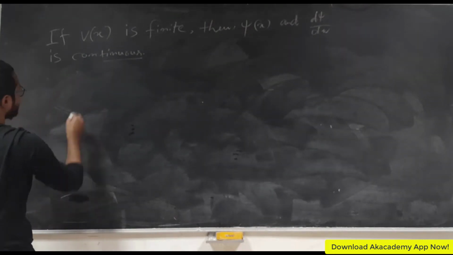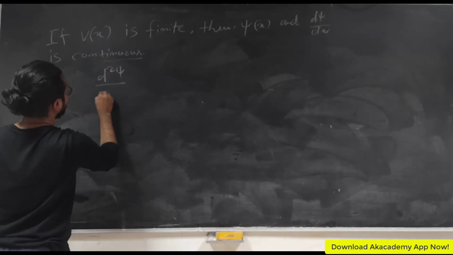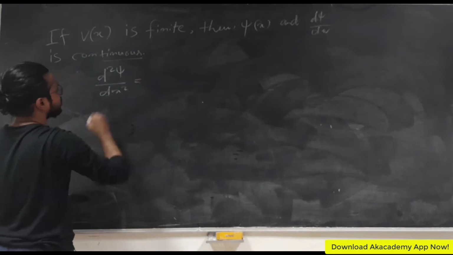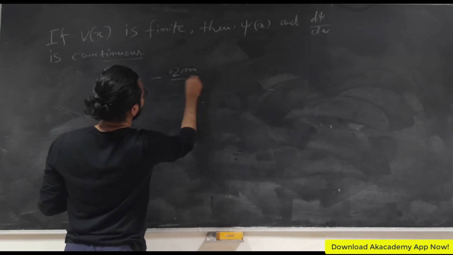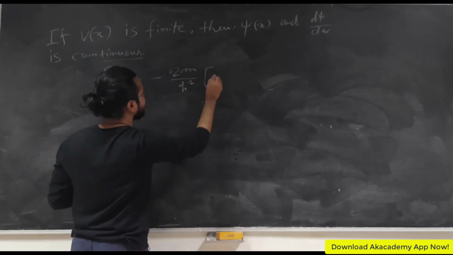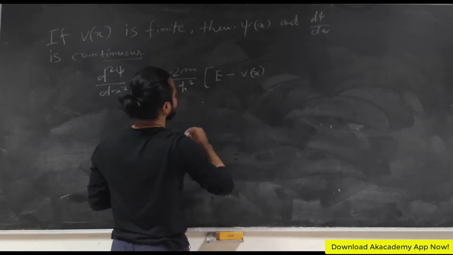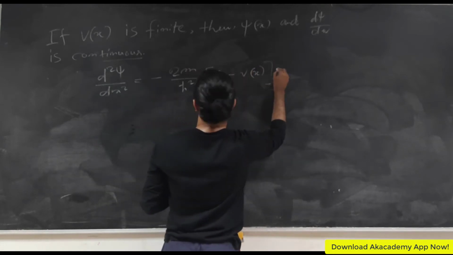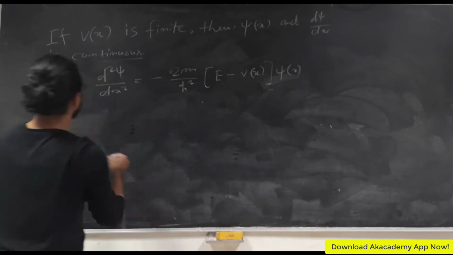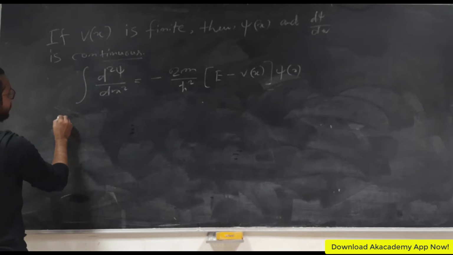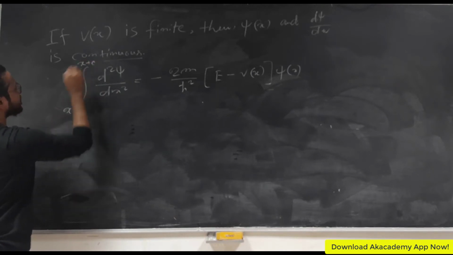So from the Schrodinger equation we have d2 psi dx2 equal to minus twice m over h bar squared times E minus V of x, psi of x. Okay, let's integrate this whole thing from x minus epsilon to x plus epsilon.